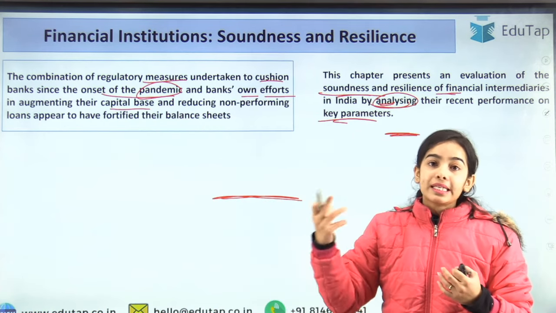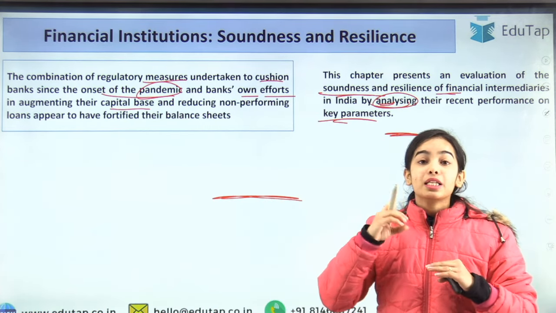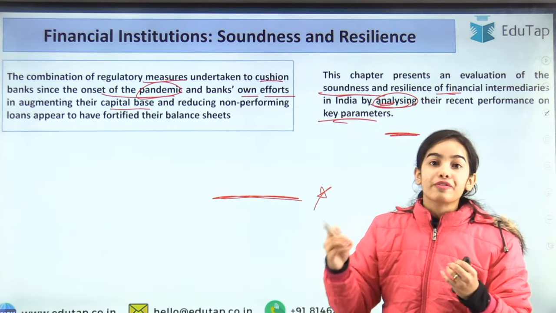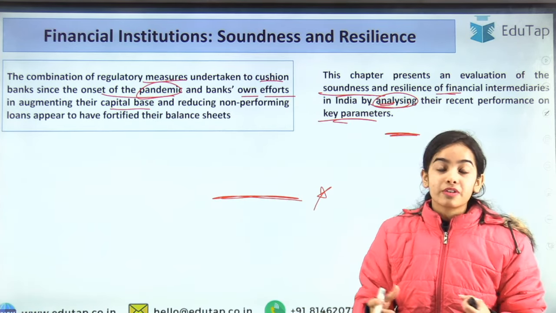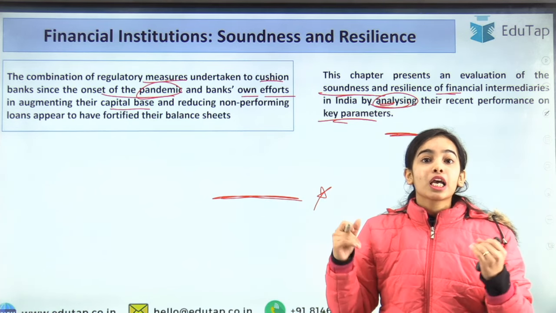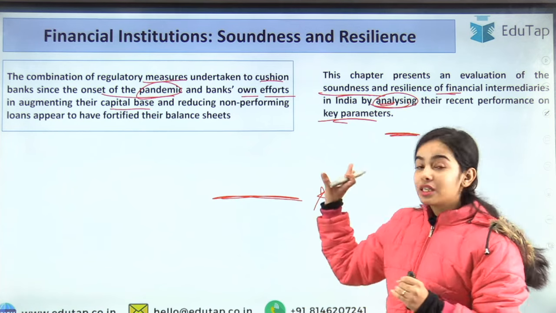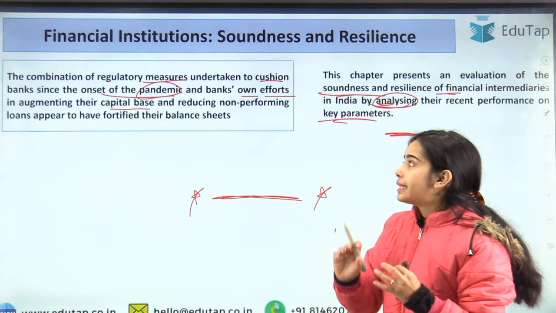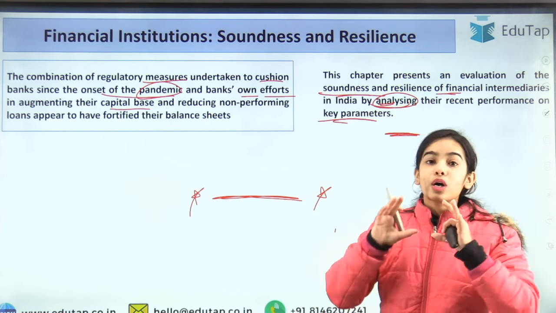The RBI said that we have to maintain a good foundation, and the banks themselves started to take efforts to maintain good capital, first to have good asset quality, because they were also afraid of what will happen if we go down. So the RBI's regulatory measures as well as their own efforts led to a good foundation for the financial system.